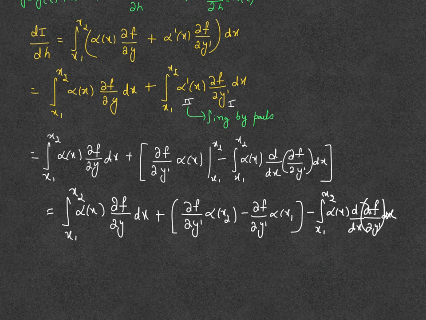But we know that alpha x1 and alpha x2 are 0 from the diagram.